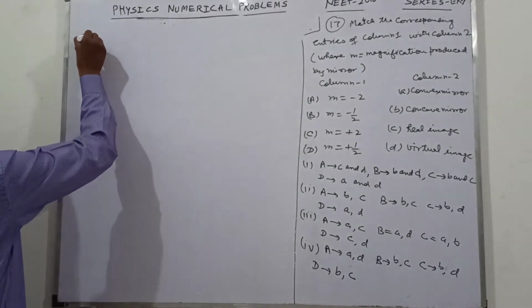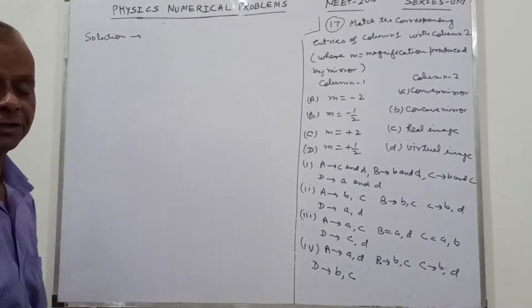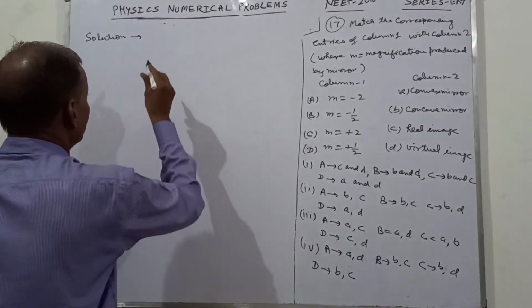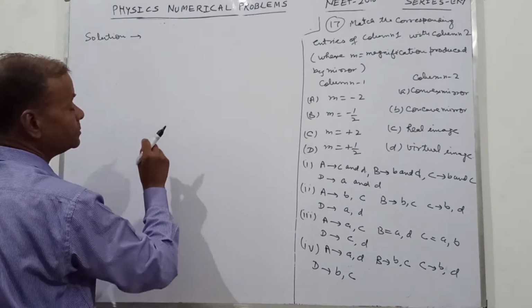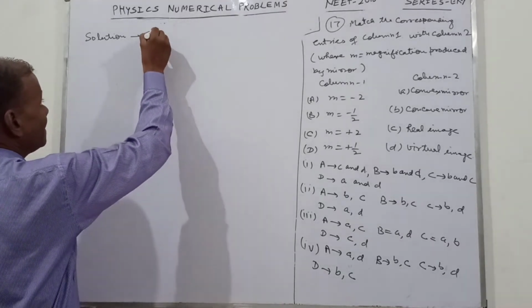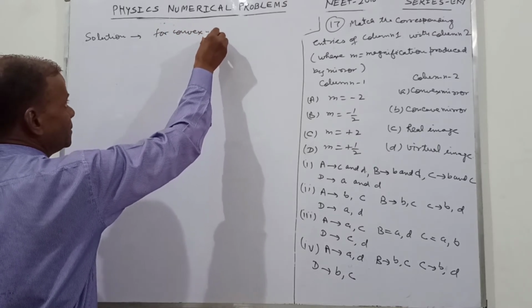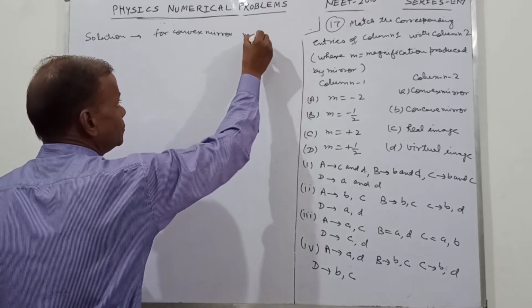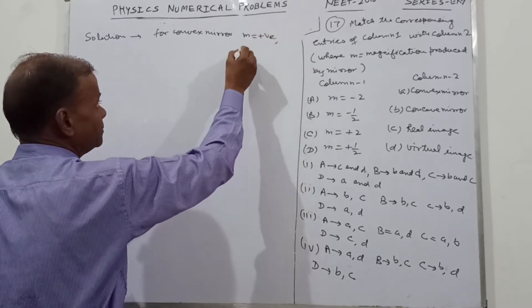Solution. For real image, the M is always negative. So we are given the convex mirror. M is equal to positive, and this is always less than 1.